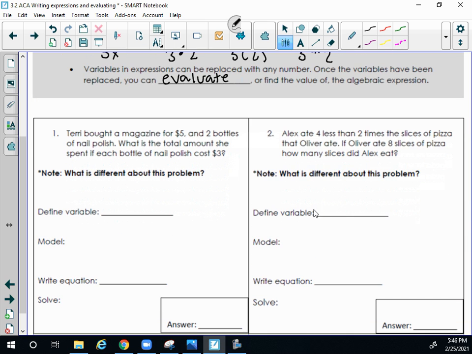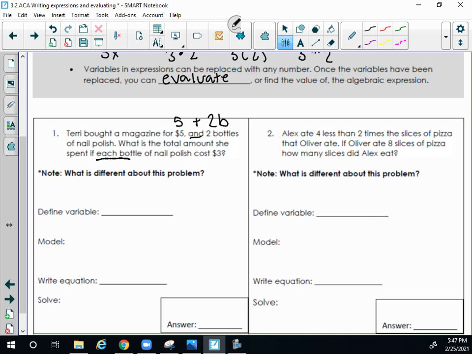So number 1 says, Terry bought a magazine for $5 and 2 bottles of nail polish. So we have $5 and, so that's plus, 2 bottles of nail polish. And we don't know how much those bottles are yet, so I'm just going to put B. What is the total amount she spent if each bottle of nail polish cost $3?